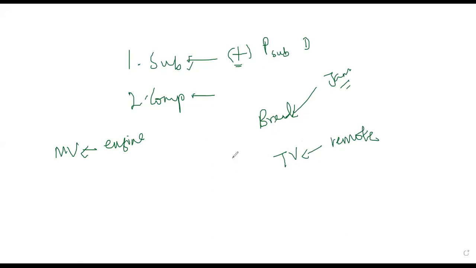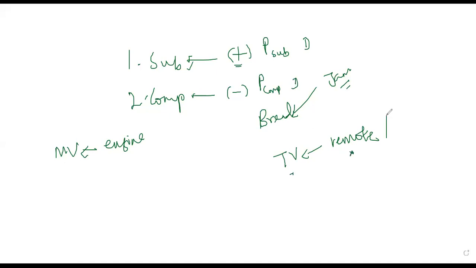So in relation to complements, there is a negative relationship between price of a complement and demand of a product. Say, for example, TV, certain amount of money will come. For that remote also, certain money you have to pay.